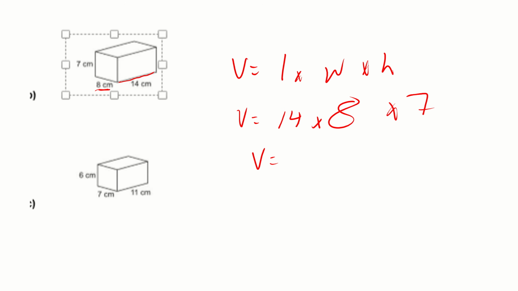So volume equals, and now we're going to find the area first. So we're going to go 14 times 8 equals 112, times 7 equals 784 centimeters cubed.